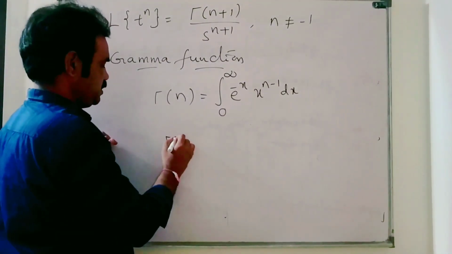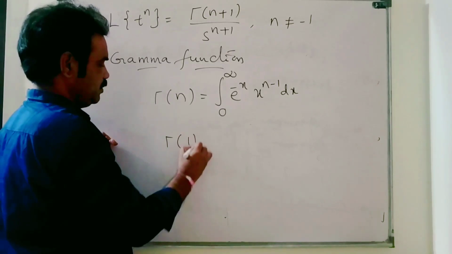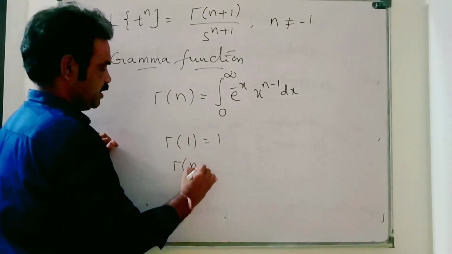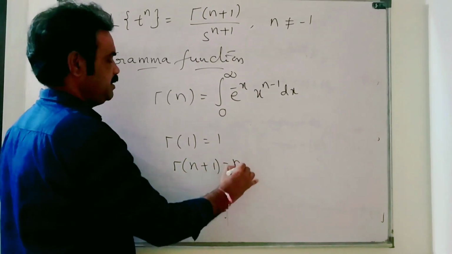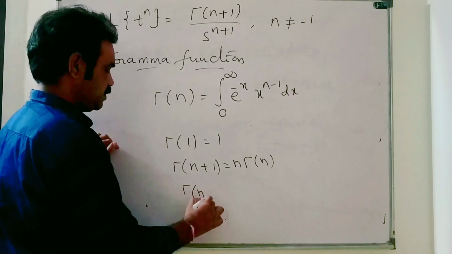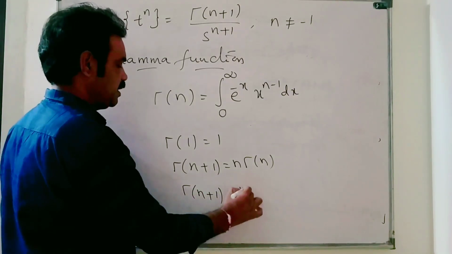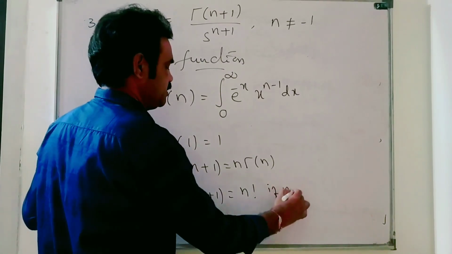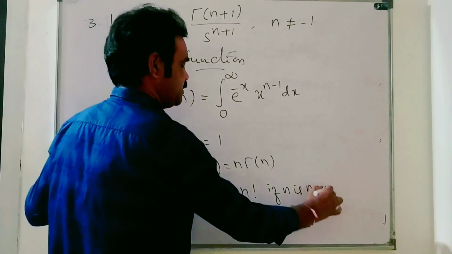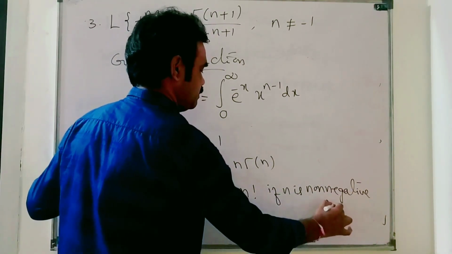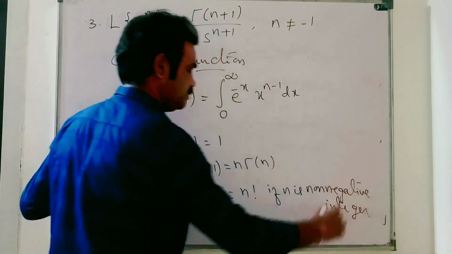We have some properties of the gamma function. Gamma of 1 is equal to 1 and gamma of n plus 1 is equal to n into gamma n. Gamma n plus 1 is equal to n factorial if n is a non-negative integer.